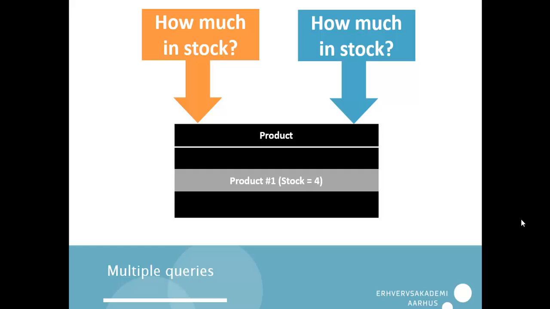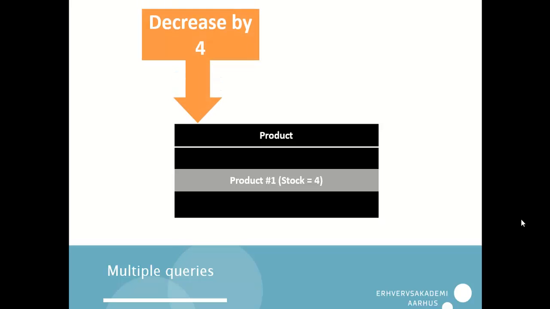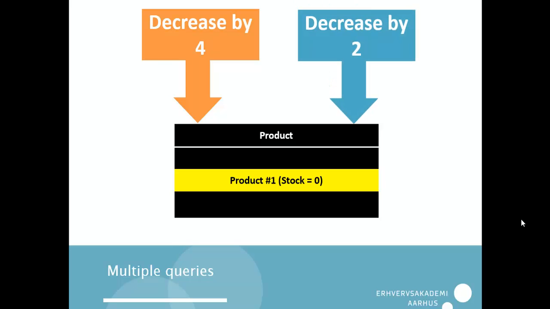Then another one comes and says, how much do we have in the stock? And we say, we have 4. Then the first one comes again and says, okay, I want to buy them. So he buys the 4 products. Then the next one comes, and now the stock is at 0, it's empty. I want to buy 2, but if we do that, we will have a negative stock, and that will not be feasible.